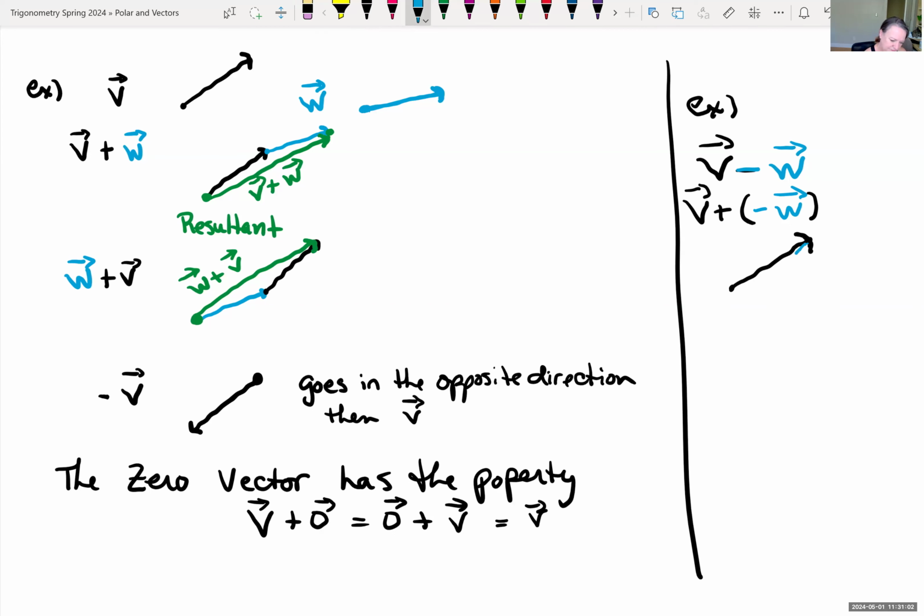How about I do this? All I'm going to do is put that over here, and change the direction.